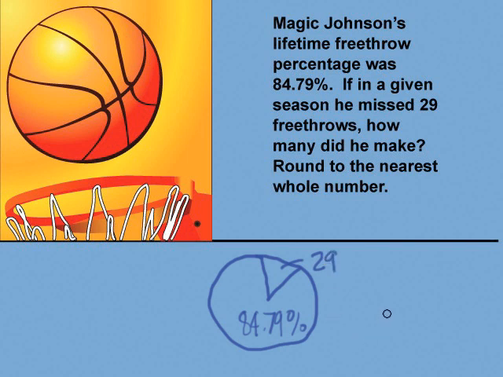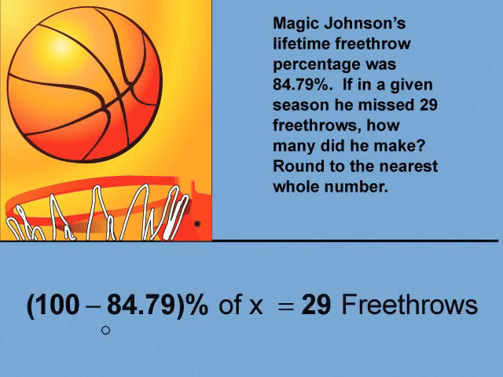In terms of percents, the 29 represents 100 minus the 84.79%. We can write this as an equation, as shown here. We can now write the percent as a decimal and solve for x.